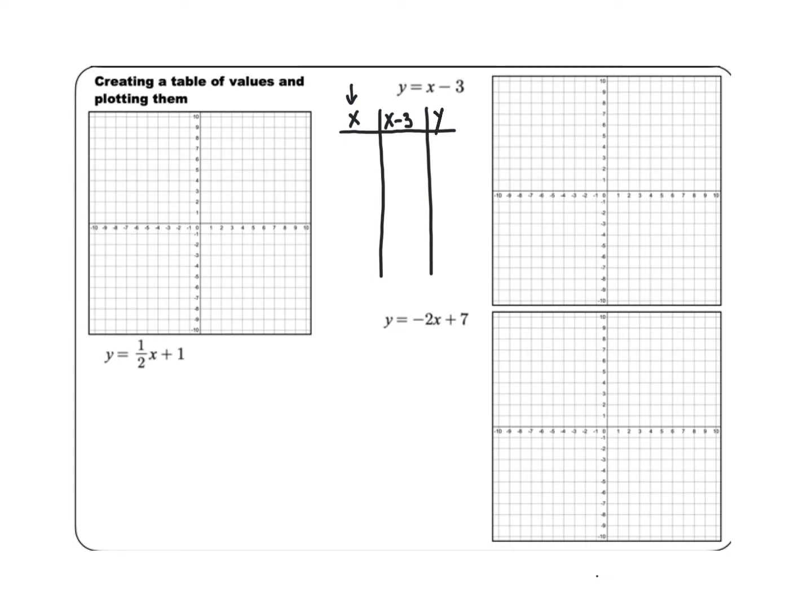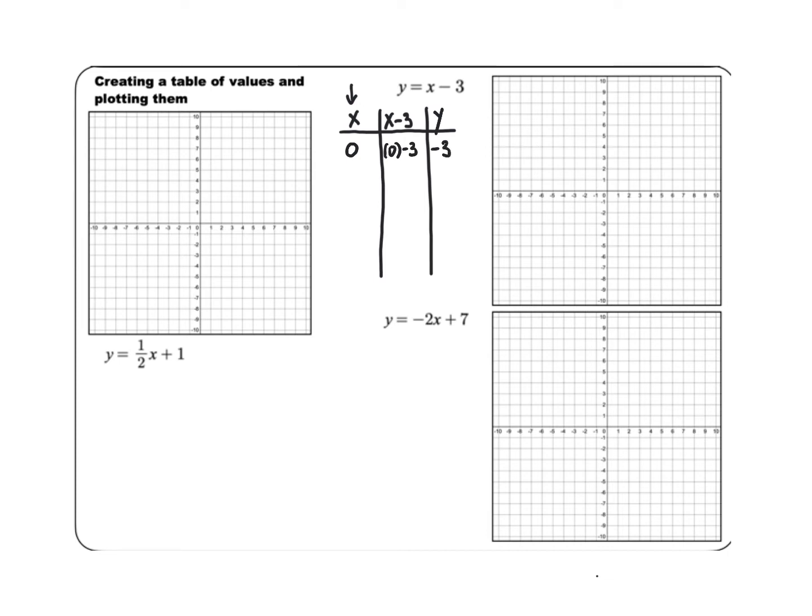So I like to keep it simple and input at least 5 values here, and might as well start at 0. That basically means if X is 0, then I go parentheses 0 minus 3, and that is going to give me an output of negative 3.